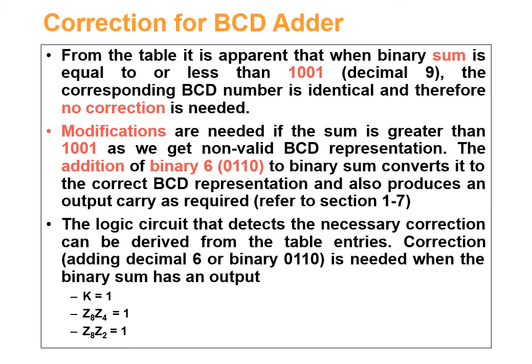When the binary sum is greater than 1001, we obtain an invalid BCD representation. The addition of binary 0110 to the binary sum converts it to the correct BCD representation and also produces an output carry as required. We also discussed this in chapter 1.